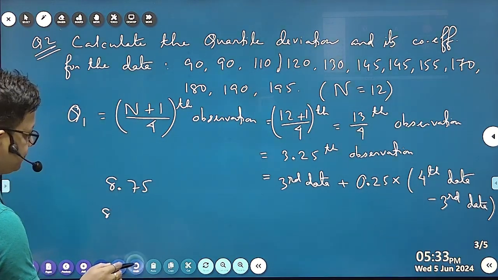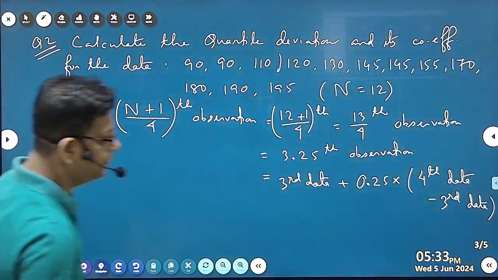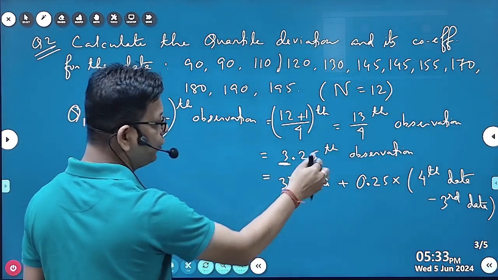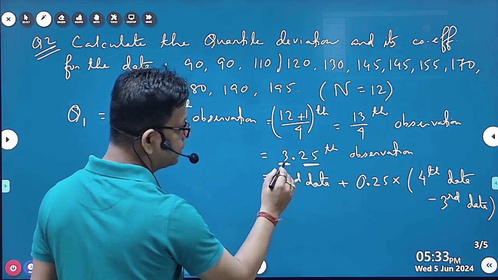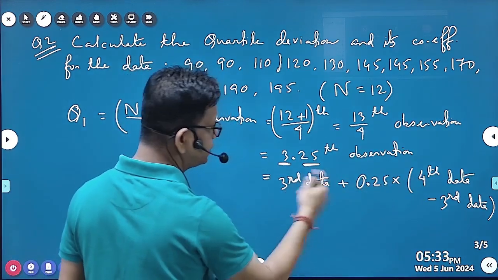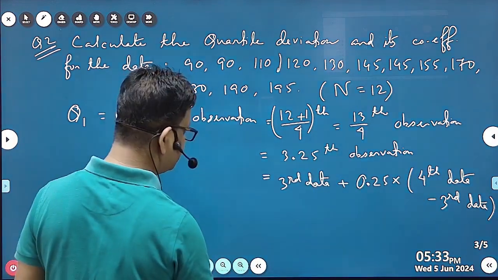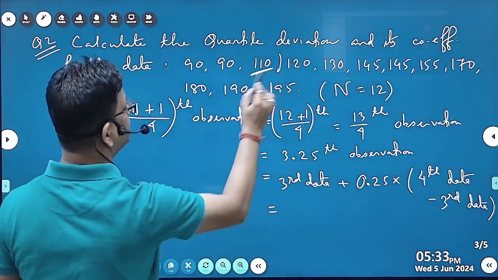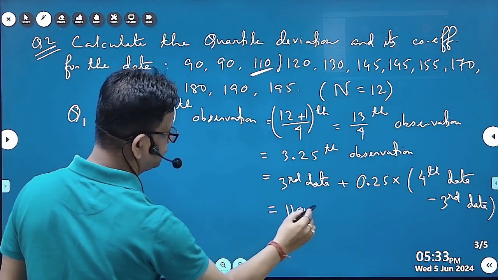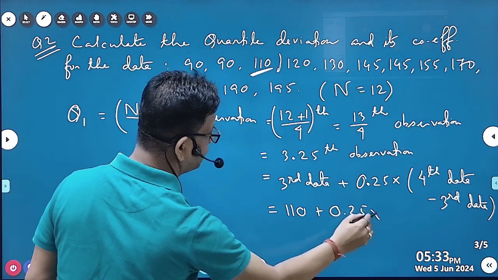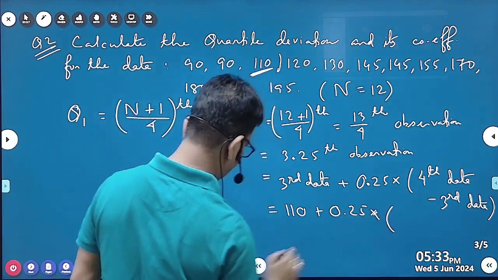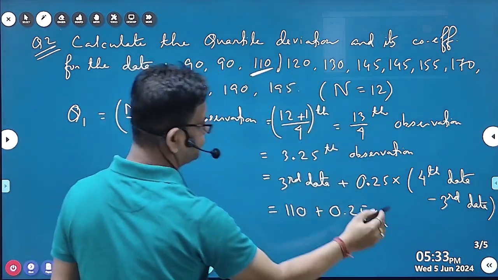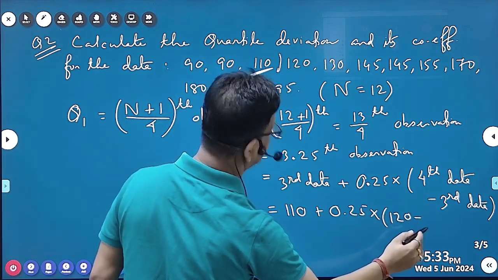Now let's go ahead. Those who are still having doubt, I repeat because it is something new here. So this is the third data. Now 0.25 is to be multiplied with the next one, 4th data minus the third data. The data is already in ascending order, so we did not have any problem. The third data is 110. Then 0.25 multiplied by the fourth data, 120, minus 110.